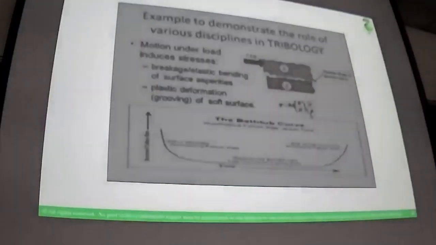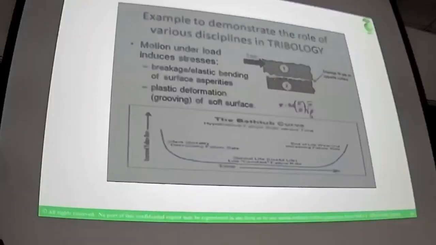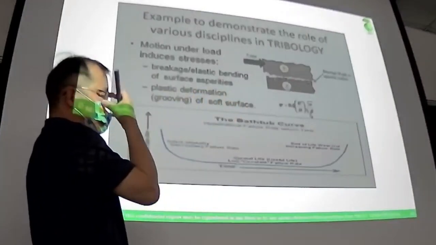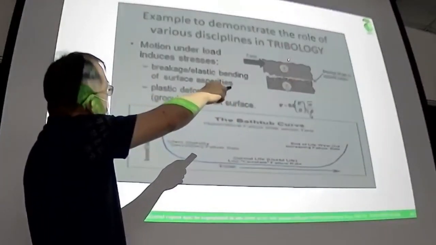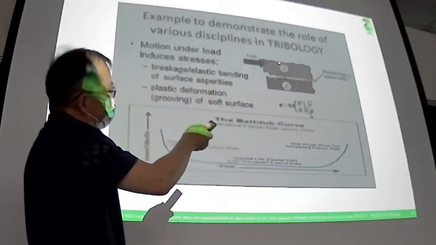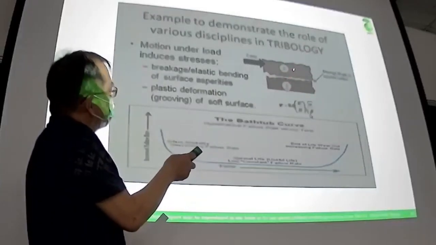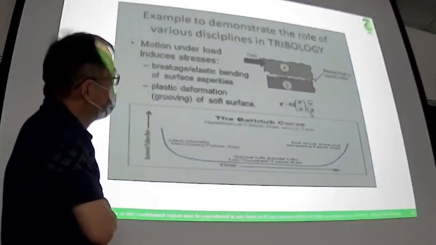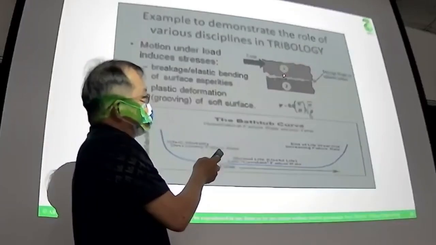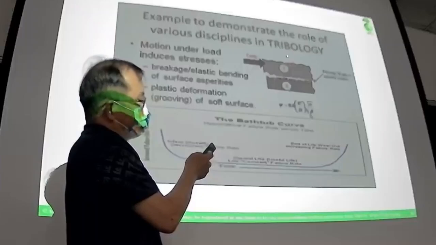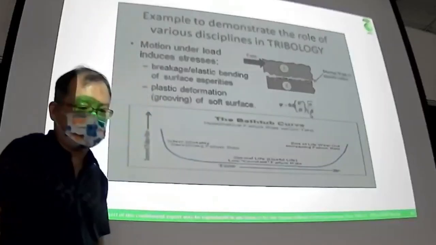Actually, we can look at this slide. You have body one and body two in contact. You have a loading on top of body one, and you have a relative motion between body one and body two. Then your loading on top of body one will induce some stresses.